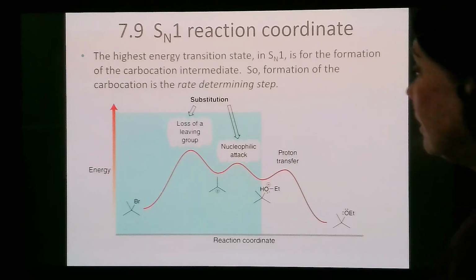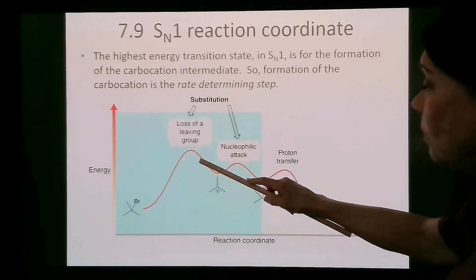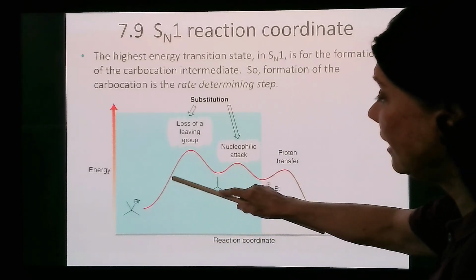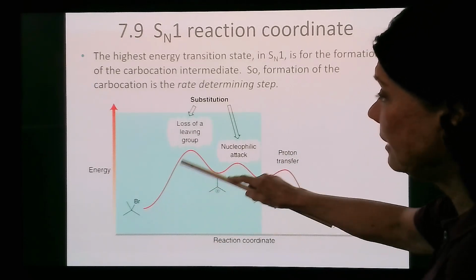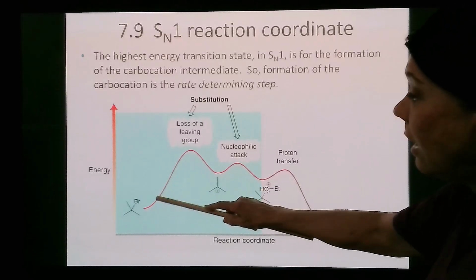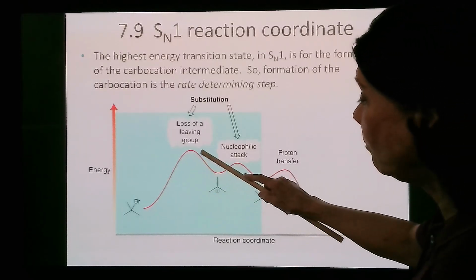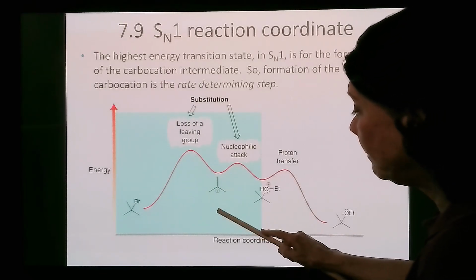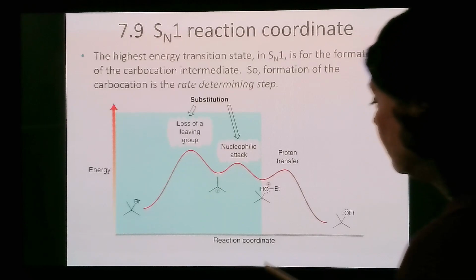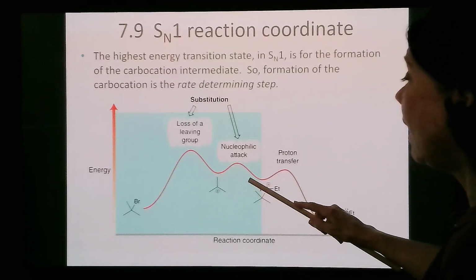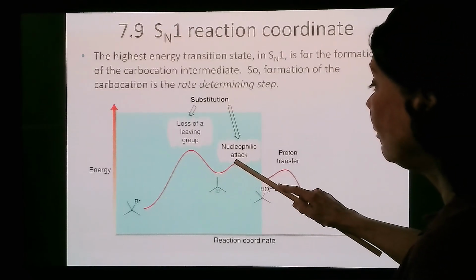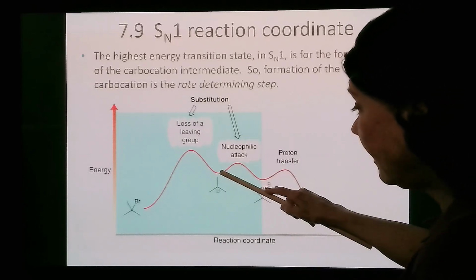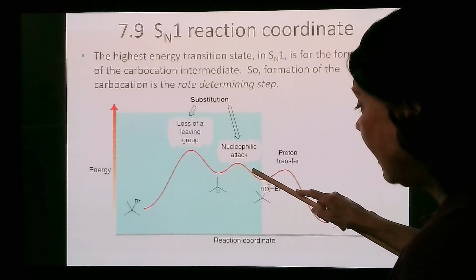So here are the first two significant steps. You have loss of bromide, and notice this is the rate determining step. It's going up in energy because you're losing bromide, and here you form the carbocation. You actually have plus Br minus here, which has been omitted for some reason. Then you have nucleophilic attack by the solvent, which is a low energy of activation.